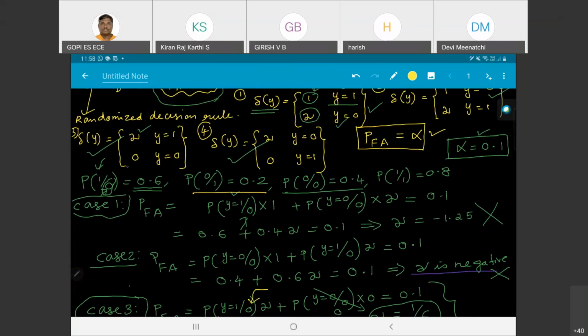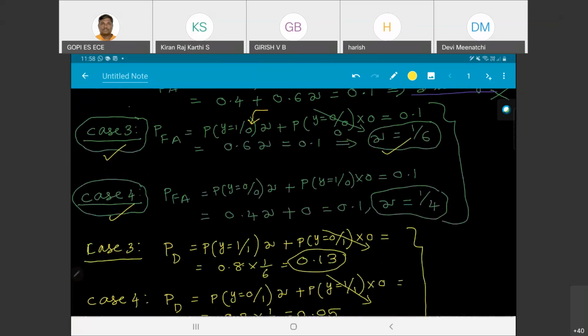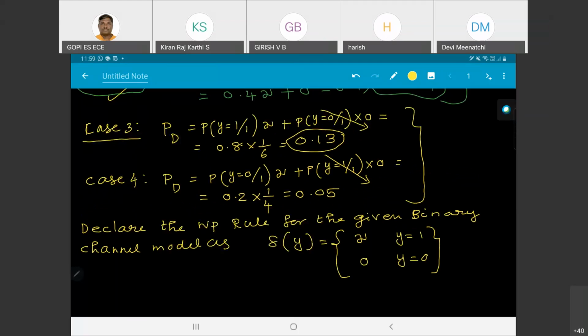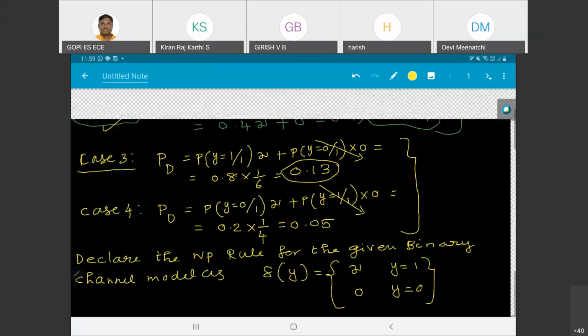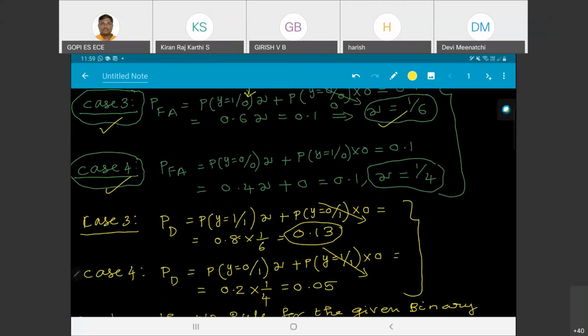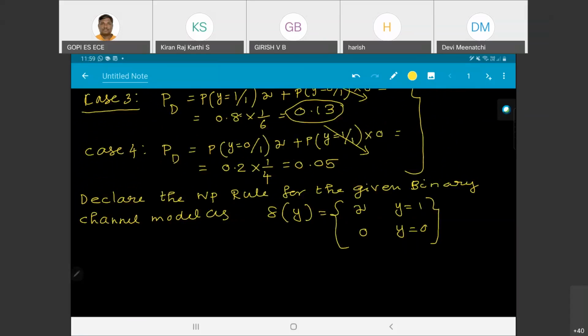We have to write that rule: gamma for y equal to 1, 0 for y equal to 0. But we know the value of gamma for case 3 is 1 by 6, so we can rewrite this as 1 by 6 here.